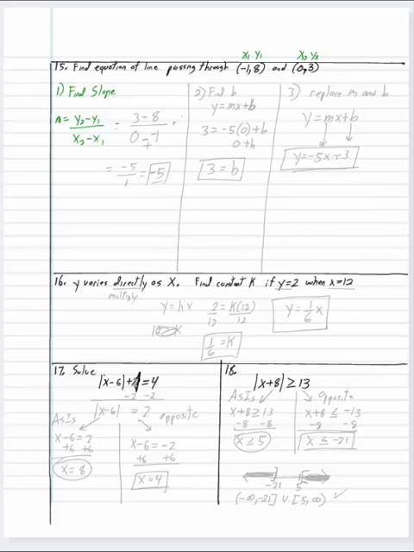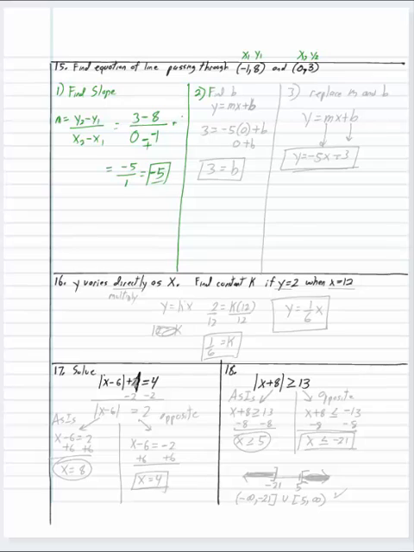So we're going to have 3 minus 8 over 0 minus negative 1. Well, 3 minus 8 is negative 5. And two negatives make a plus, so bottom is 1. So this becomes negative 5 for our slope. Okay.